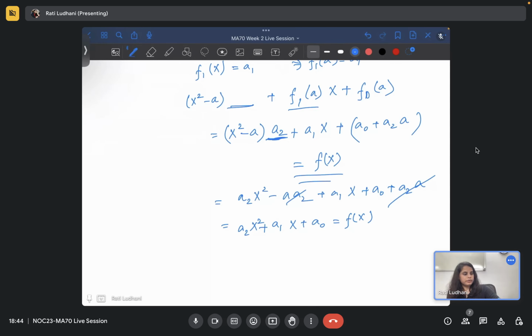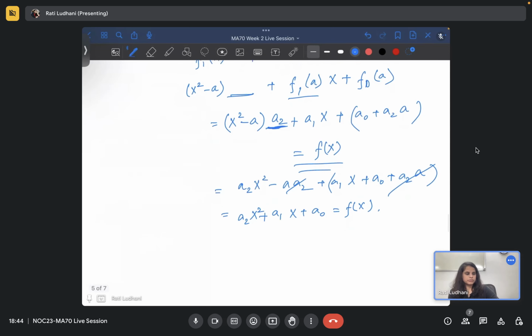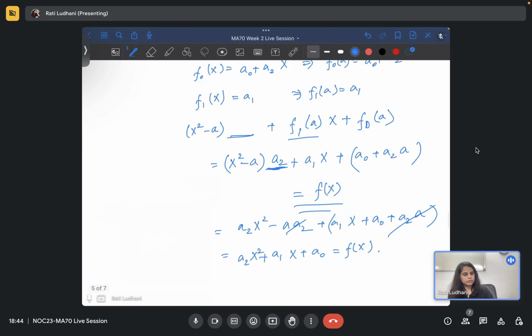As I said, if we can get one expression, then we are done. So what we have proved is that f(x) can be written as (x² - a) times some g(x), plus f1(a)x + f0(a), and we did that for the case of n equals 2.